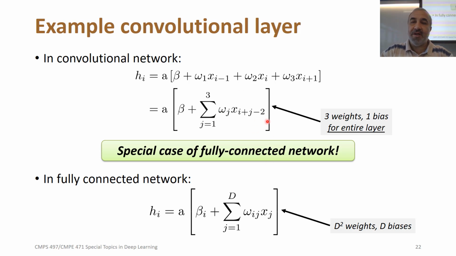Compare that with what we have in a convolutional layer. It doesn't actually depend on the number of inputs, right? It just depends on the size of the kernel. So the number of parameters here is much less than the number of parameters in a fully connected network, right?